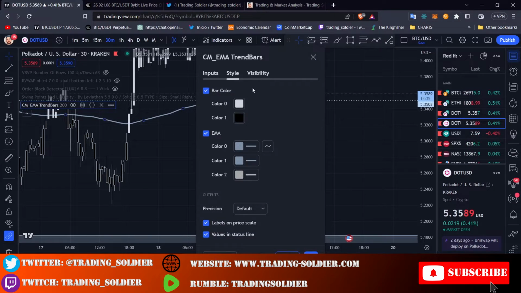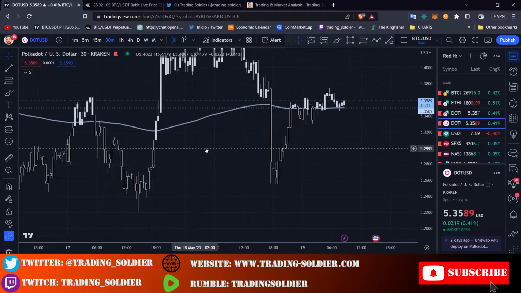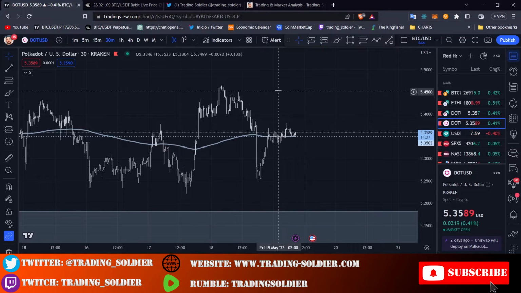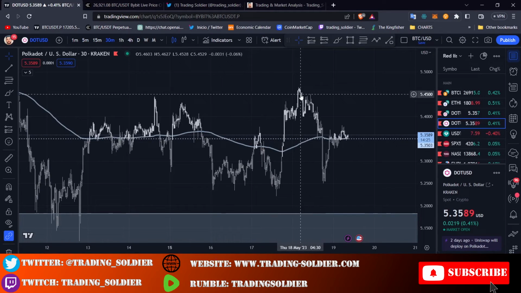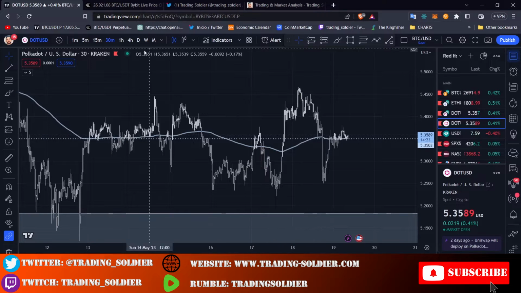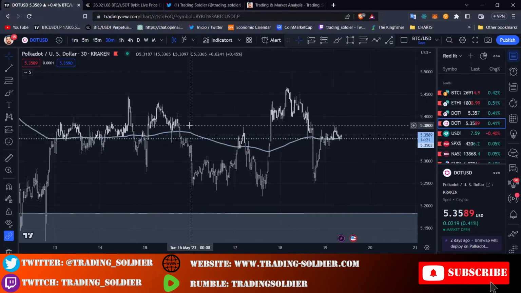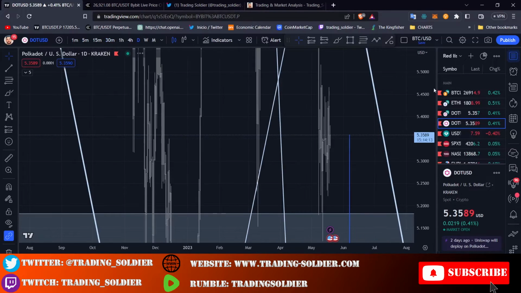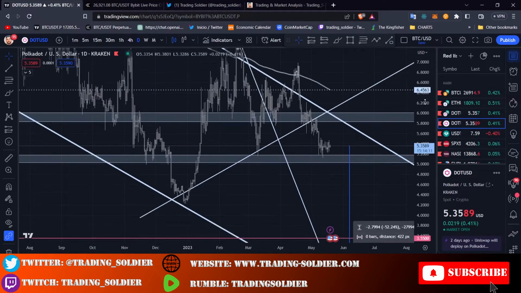Before applying this strategy, you need to know that the time frames in the charts are fractal. What does fractal mean? For example, right now you are seeing the 30-minute time frame chart of Polkadot US dollar, but if we change to the 1 day, you need to know that charts are fractal.